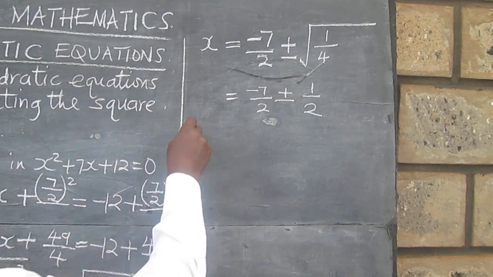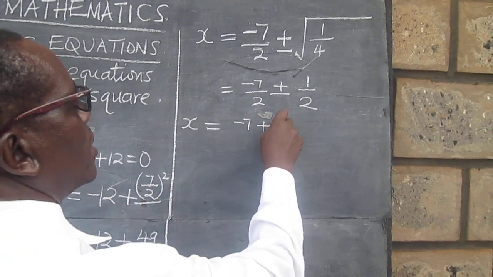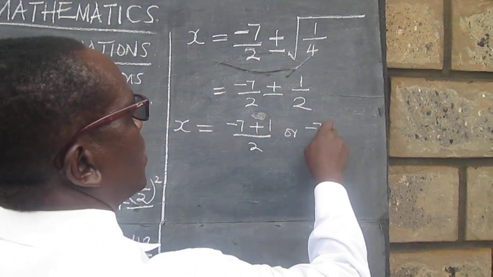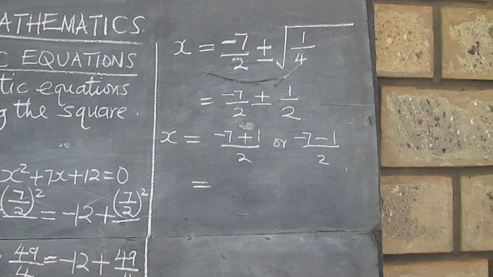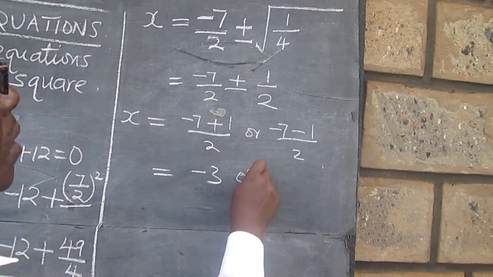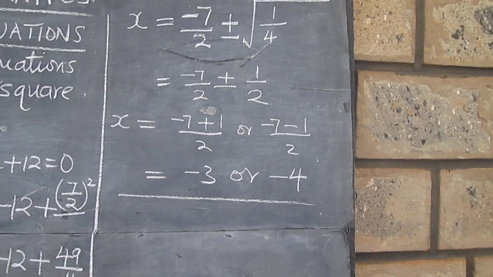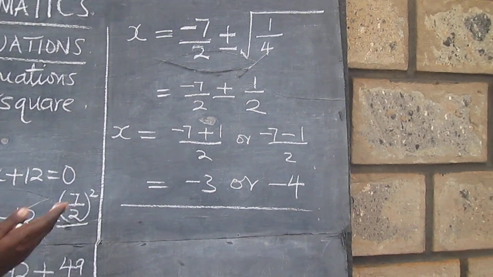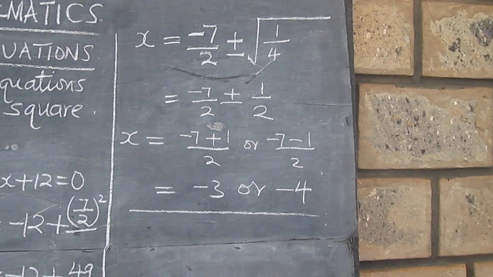And we can now get the values of x as x equals minus 7 plus 1 over 2, or minus 7 minus 1 over 2, and this therefore gives us minus 3 or minus 4. We can say we have been able to solve the given quadratic equation by completing the square.